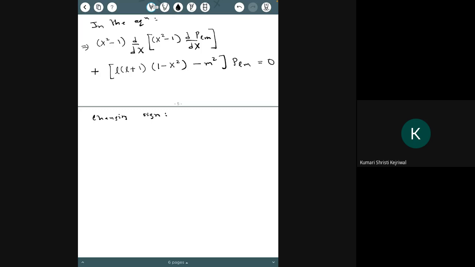So in the first term, I'm just doing 1 minus x squared here, so 1 minus x squared d/dx.